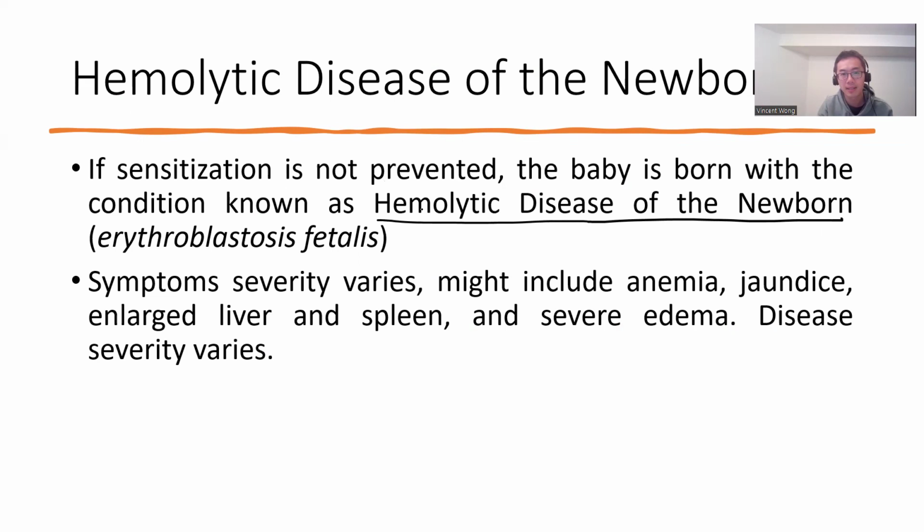Hemolytic means the red cells are bursting. It's basically hemolysis, but in the form of an adjective, right? So hemolytic disease of the newborn, HDN for short, or there's a fancy name for it, okay? Erythroblastosis fetalis. Doesn't really matter, okay? But hemolytic disease of the newborn.